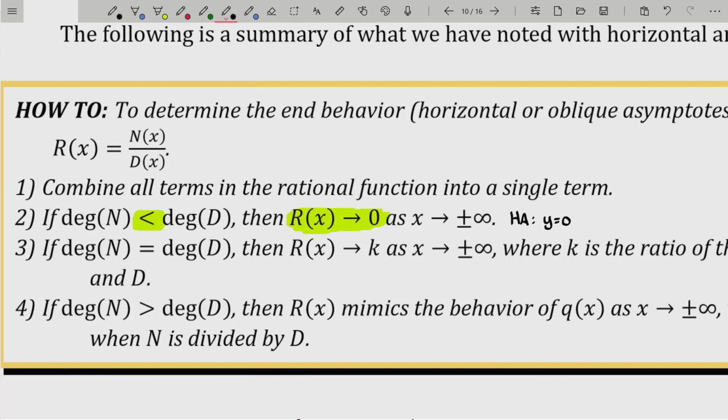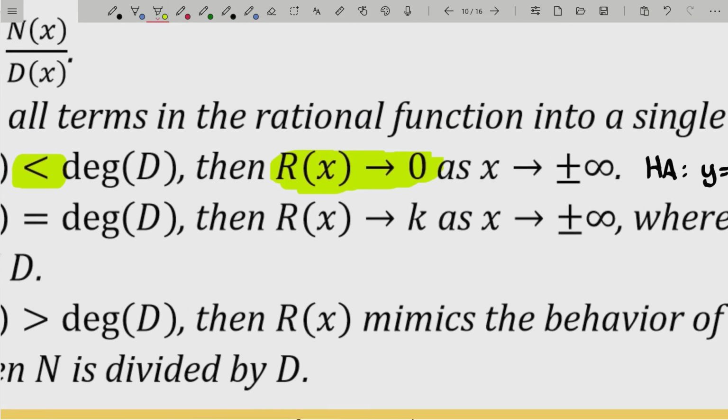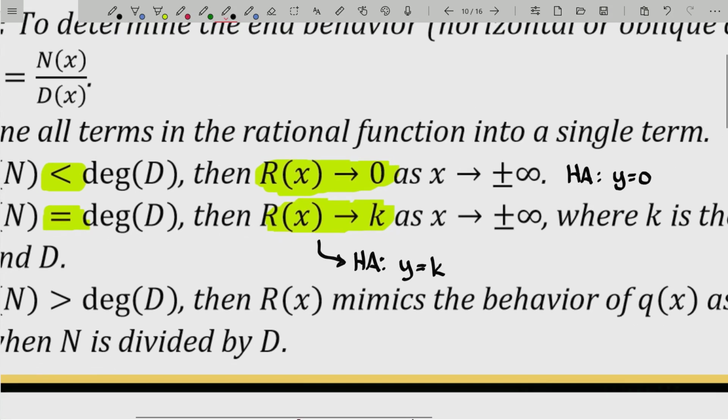If the degree of the numerator and degree of the denominator are tied, they're both third degree or something like that, then our rational function approaches some non-zero number as x goes to plus or minus infinity. That is, we have a horizontal asymptote at y equals k.